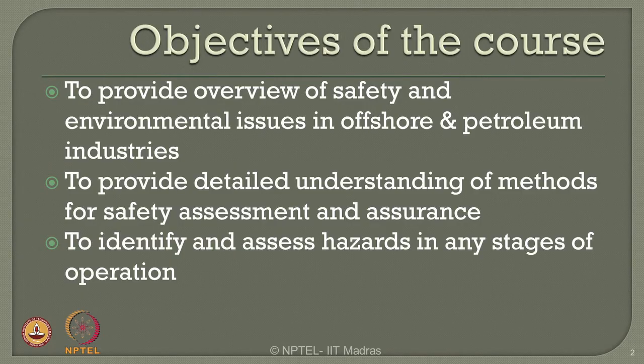The third objective, which we wanted to understand in more detail, is to assess hazards at any stage of operation. We classified hazards in different stages of operation in oil and gas industries. We gave you an overview of different kinds of hazards seen in any production industry, nevertheless applicable to the oil and gas industry.